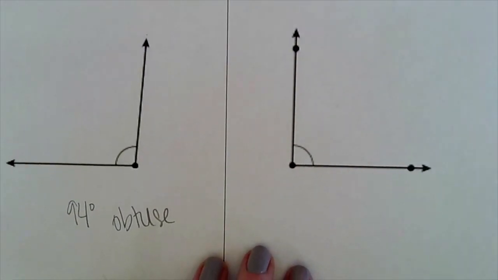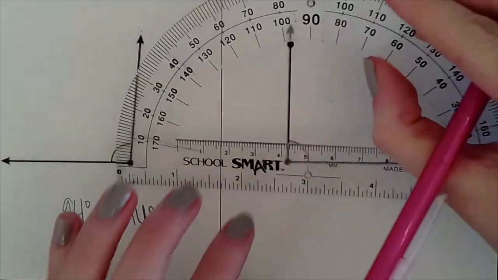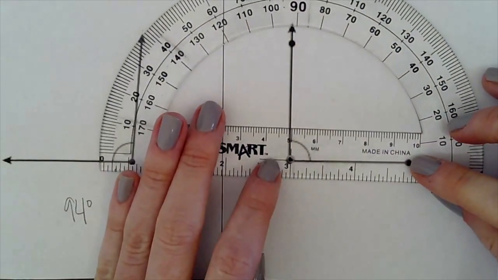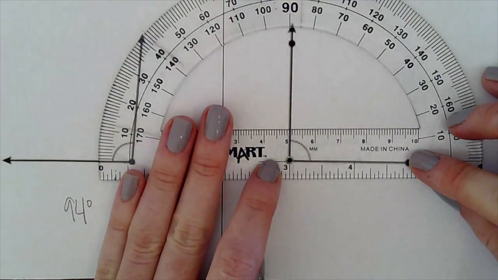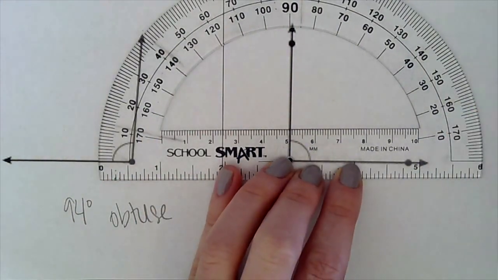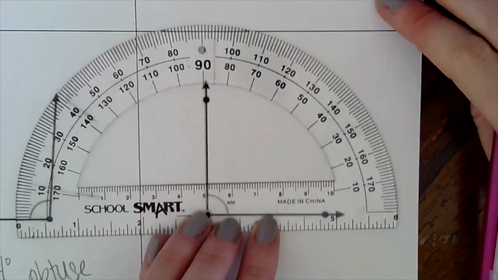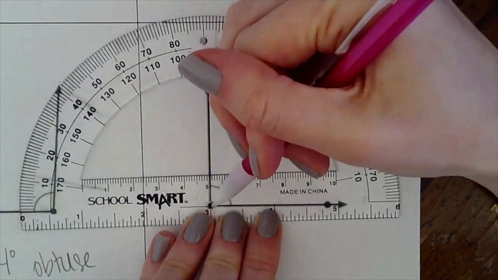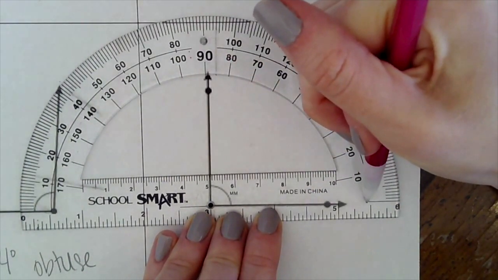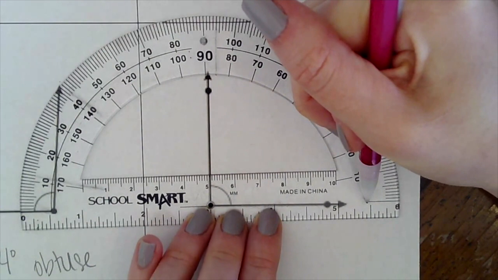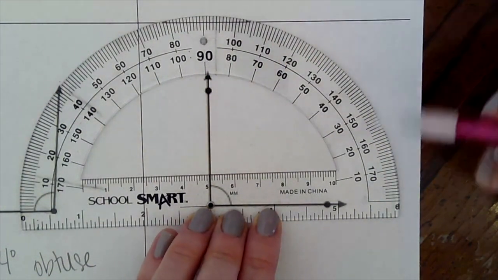Okay, and one more. Line up our dot and line up our line so that we know we're measuring it straight. This one's pointing to the 0 that starts on the inner numbers, so we're going to use the inner numbers to count it.